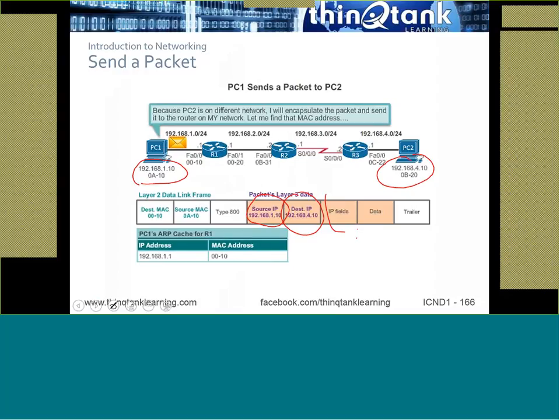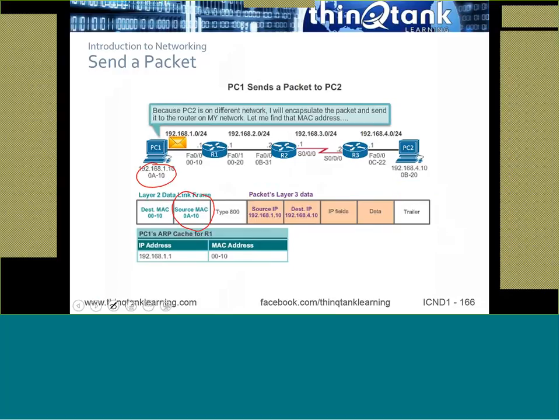This is my layer 2 footer. This is my layer 2 header, the white part here. So here's my layer 2, and then here's my layer 3, okay? But look at the source MAC address of the frame as it leaves PC1. The source MAC is 0A10, which is PC1. That makes sense, doesn't it?